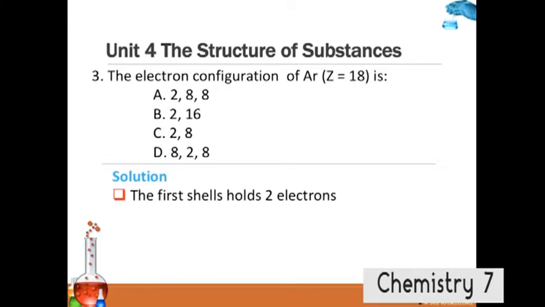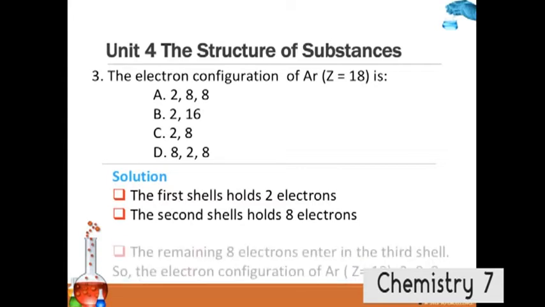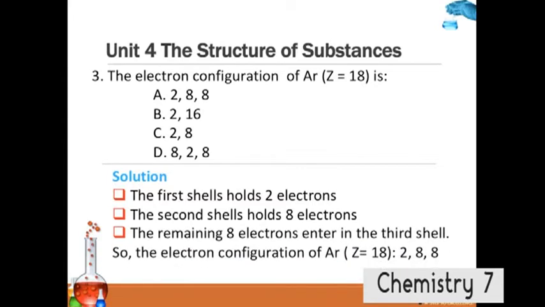The first shell holds 2 electrons. The second shell holds 8 electrons. The remaining 8 electrons enter the third shell, so the electron configuration of argon is 2, 8, 8. So the answer is A.